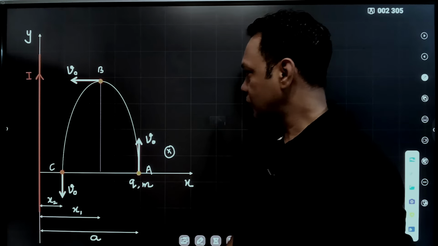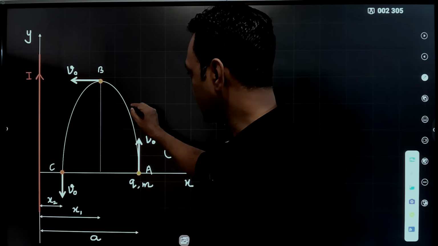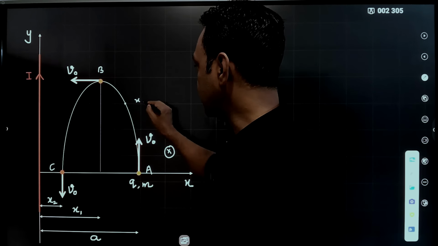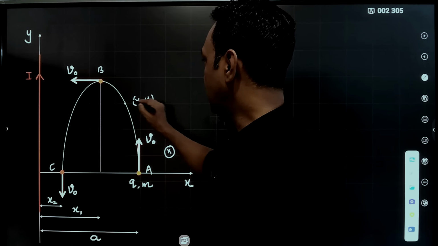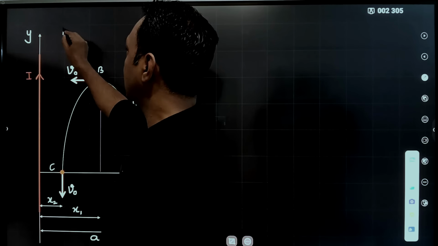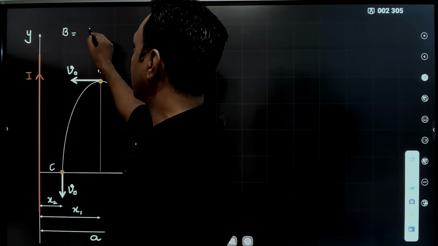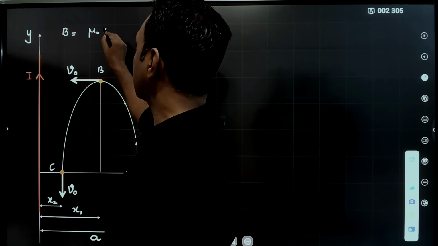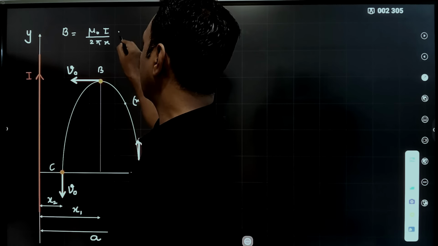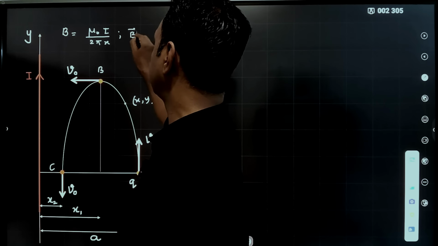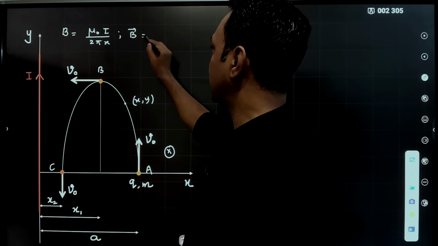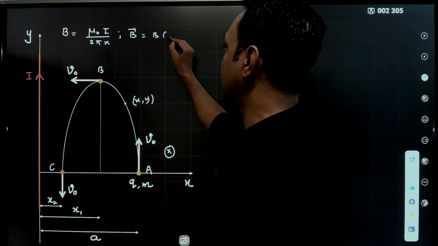Alright, so now suppose at a general moment the particle reaches here and its coordinate is say x comma y, and the magnetic field here, the magnetic field at this position B, would be mu naught I divided by 2 pi x, and if I want to write it in vector form, since this is into the plane, I can write B in the minus k cap direction.